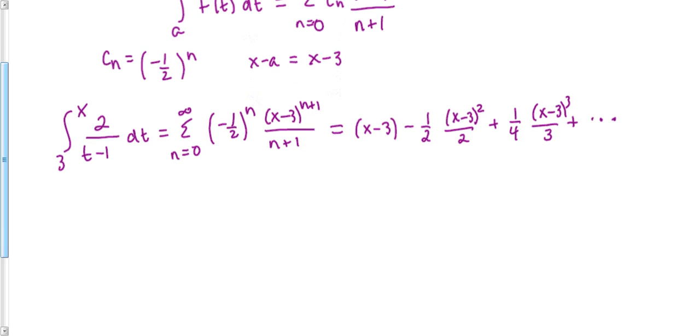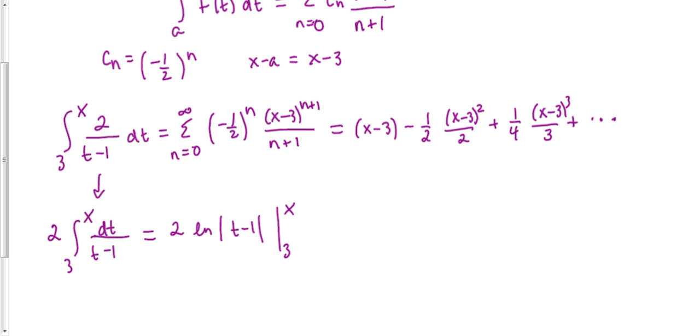Then we also want to take the integral of this function. I'm going to start by bringing the 2 out, so that's 2 times the integral from 3 to x of dt over (t minus 1). As we'll be learning soon, if we haven't learned yet, when we have dt over t plus or minus something and we take the antiderivative, that's going to be the natural log of the absolute value of t minus 1. We evaluate that from 3 to x.